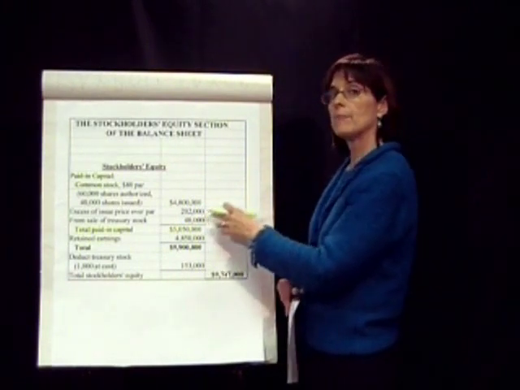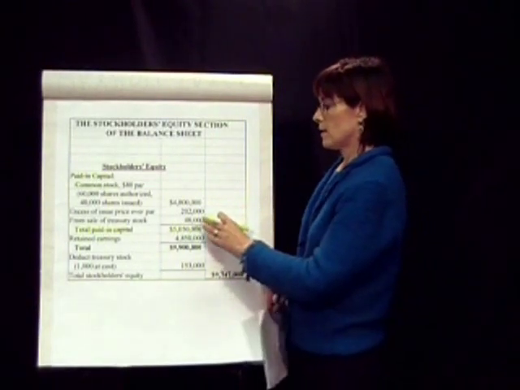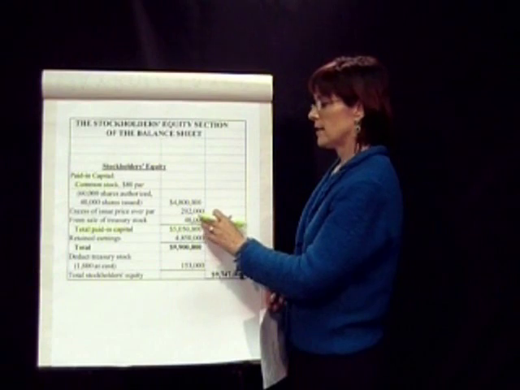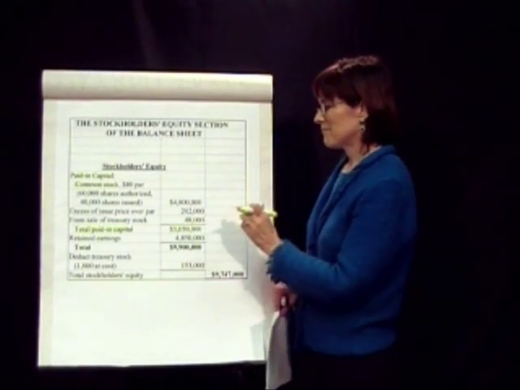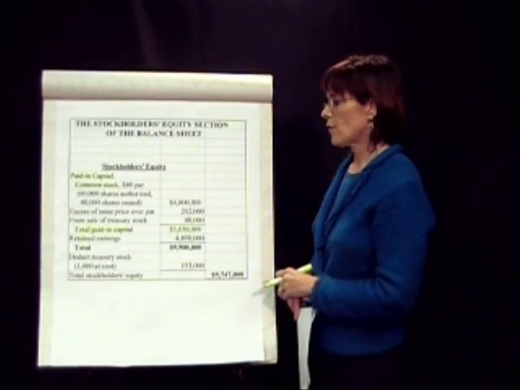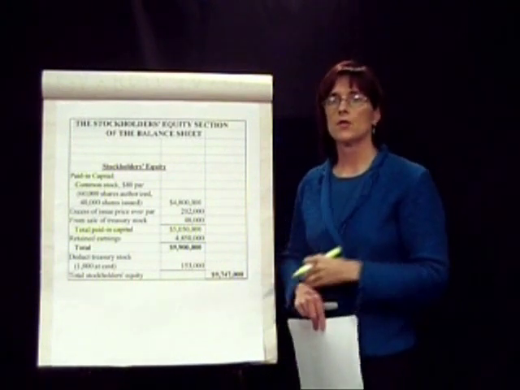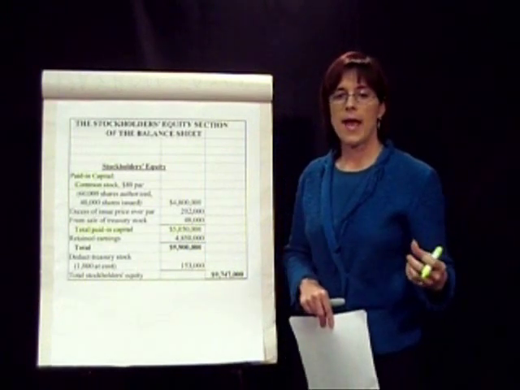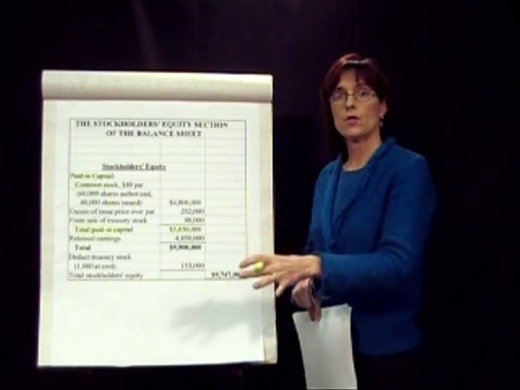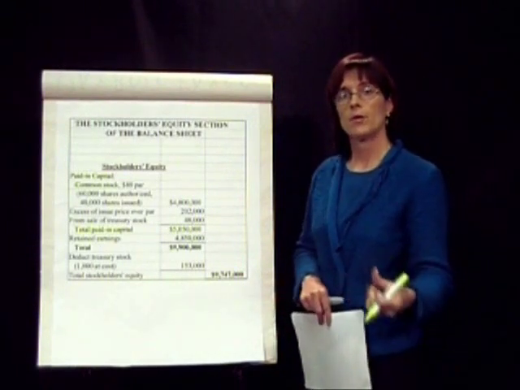Okay, if we had preferred stock, it would be listed next. If we don't, then there's no preferred stock in this business. The next line is paid-in capital from sale of treasury stock. Let's talk a little bit about what treasury stock is. Treasury stock is stock that the company has issued first to the shareholders, but it's bought the stock back and put it in the treasury.